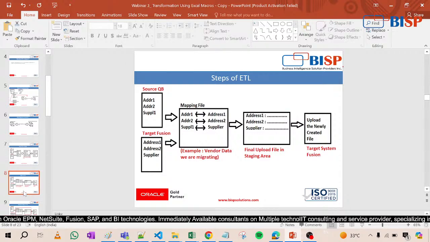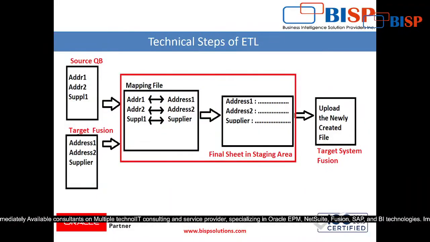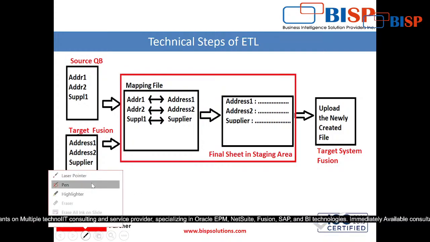Now let me show you this also. If you see in this image, here is the source QB, and here below is the target Fusion. Okay, let's take a pen.